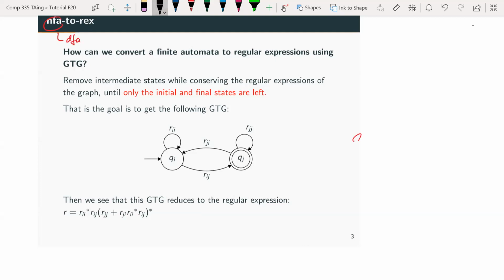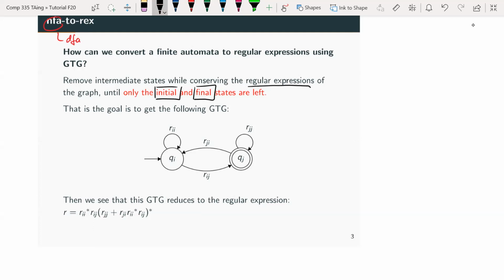But essentially what we need to do when we're taking a general transition graph and converting it to a regular expression is that we need to get rid of all our intermediate states so that we only have one initial state and one final state.